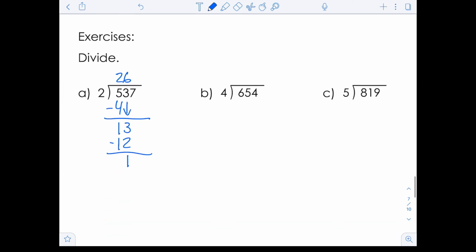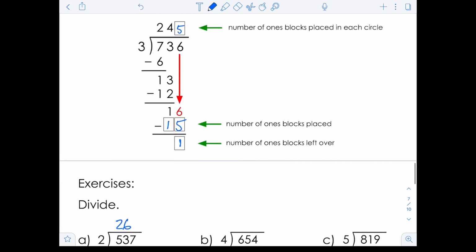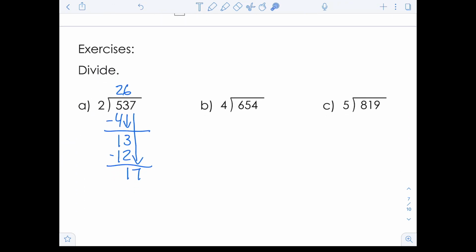Okay, and then we're going to bring down the last digit, 17. Now we're going to do 17 divided by 2, which is 8. 2 times 8 is 16. Subtract, we have 1 left over.